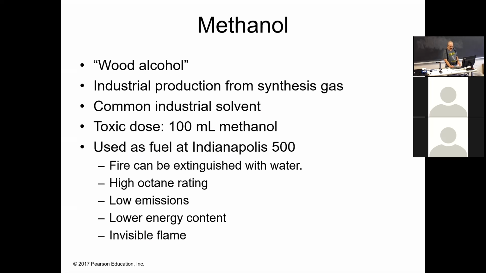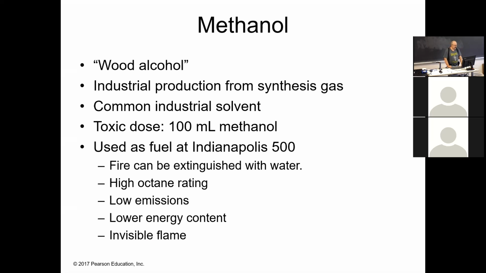It is important in the industrial production of synthesis gas, synthetic fuel. It's a common industrial solvent. Okay, it's miscible in water, and it also dissolves a number of organic compounds very well.